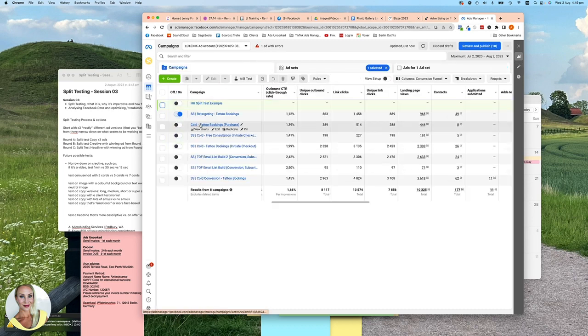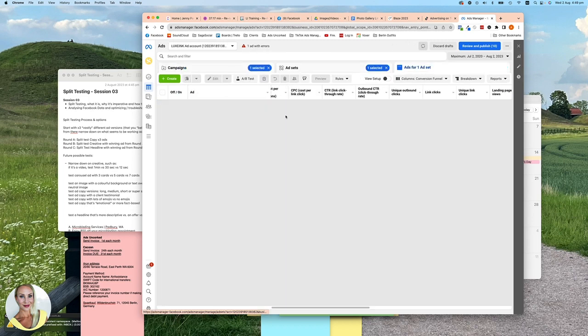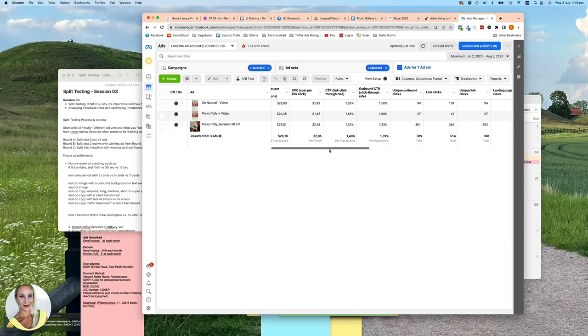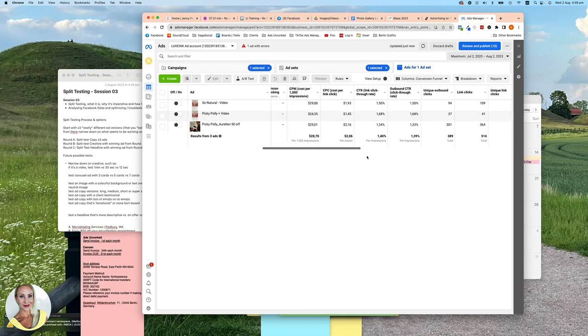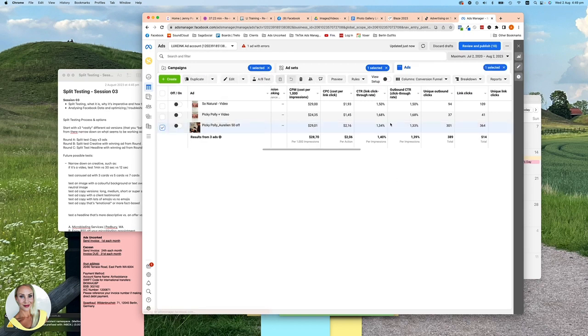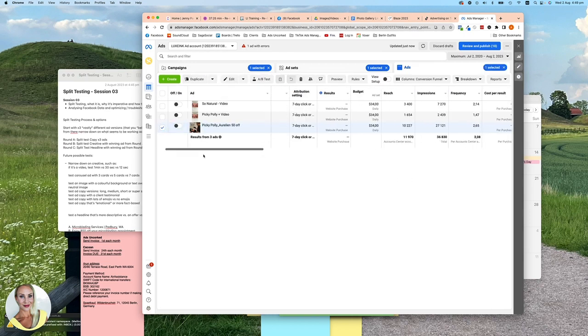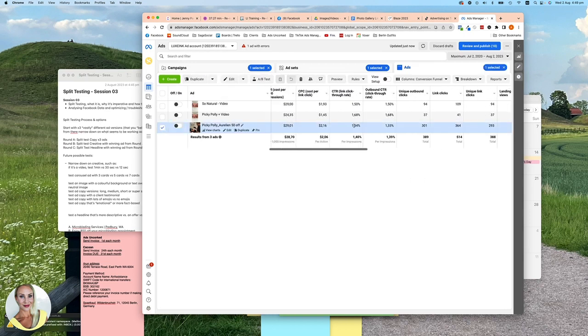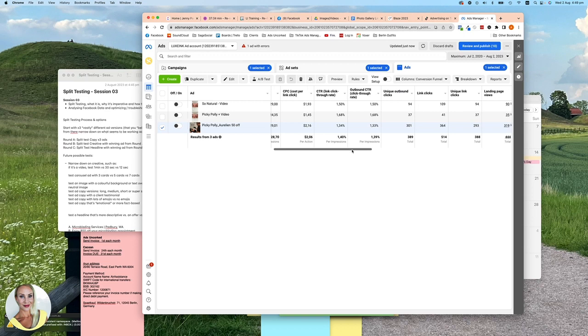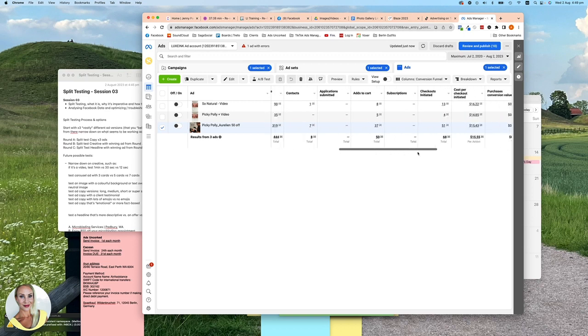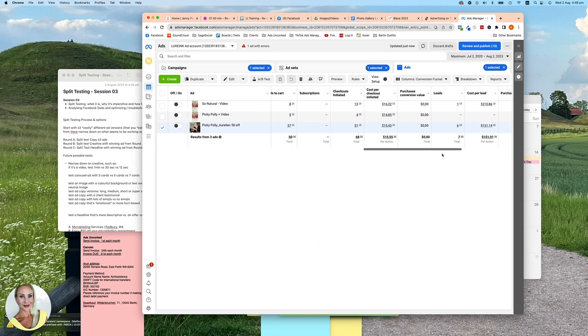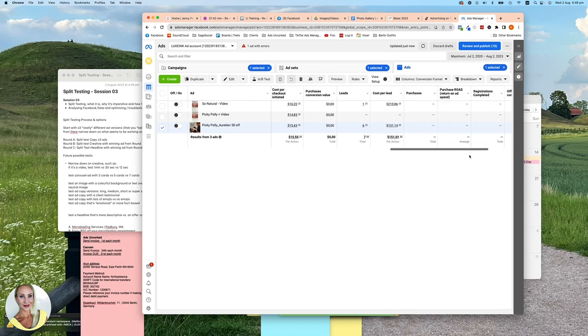And as I've mentioned previously, even with those metrics in the email, an ad might have a little bit of a lower click-through rate. This is a good example here. We can see this click-through rate here is 1.34. This one clearly has a better click-through rate, but that doesn't necessarily mean the ad itself is better, because what we're looking for at the end of the day is results, right?